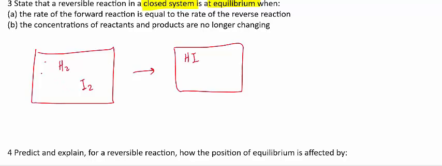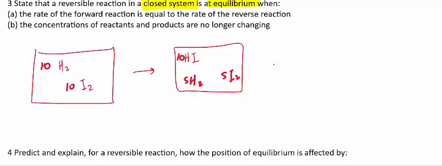I use even numbers because it's 2 to 1. Let's say 5 of it react, so I'm left with 5 of this, and I have 10 of this.